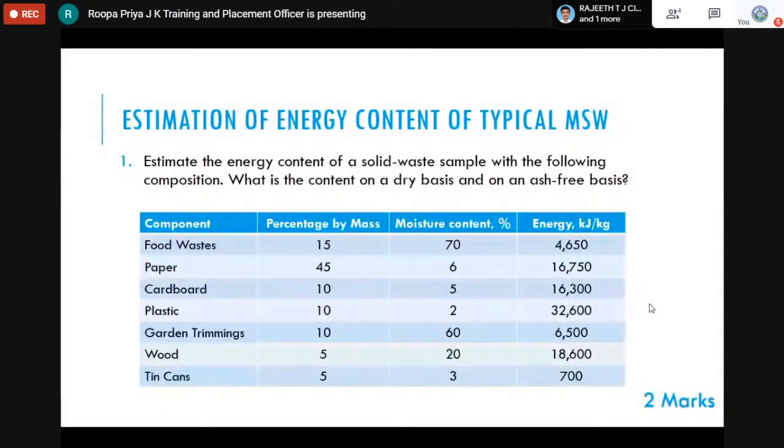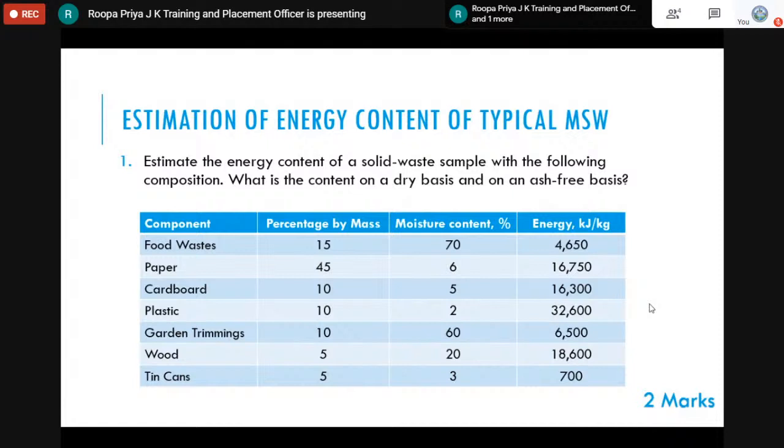This is one of the questions picked up from one of the question papers. The question goes like this: estimate the energy content of a solid waste sample with the following composition. What is the energy content on a dry basis and on an ash-free basis?